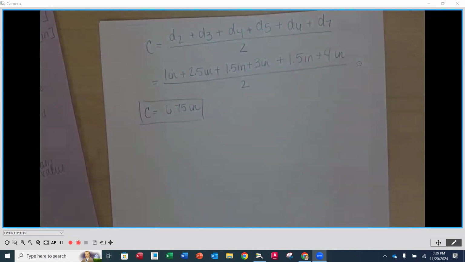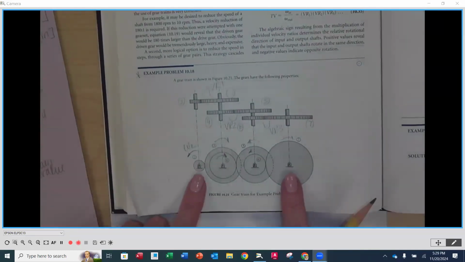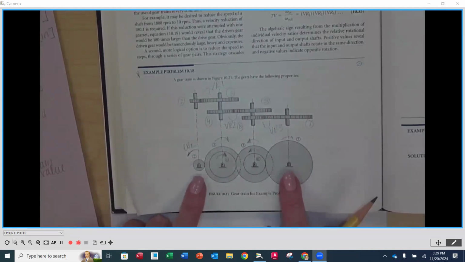Isaac is nodding his head. Chris is nodding his head. Awesome. Lex, good. Got it. Thank you, Jack. So what we have then is, when we look at the space that we need, 6 3/4 inches between these two centers. Okay. All right.